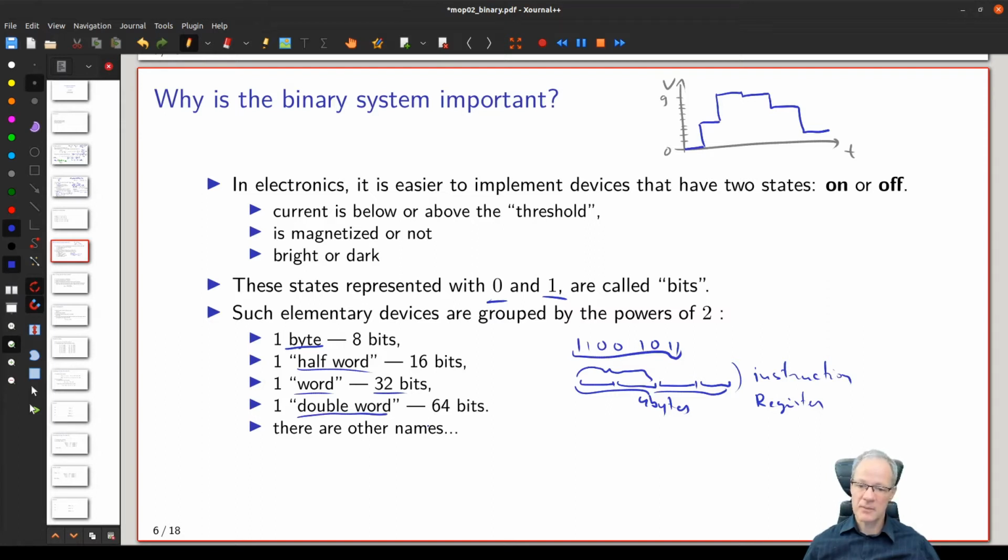You can define a data type that is a double word, for example. Actually, in C and C++, the double data type is a double precision floating point number. It's not necessarily the double word, so be careful. And there might be other names.